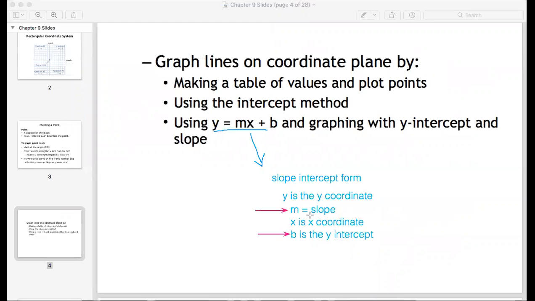So it's the rate of change, how it moves from one unit of measure to the next along the x-axis, okay? The y-coordinate and the x-coordinate are often just variable pieces that we don't know the value of until we solve. So y equals mx plus b is our slope-intercept form. And our key pieces we want to know are the slope, m, and b, the y-intercept.